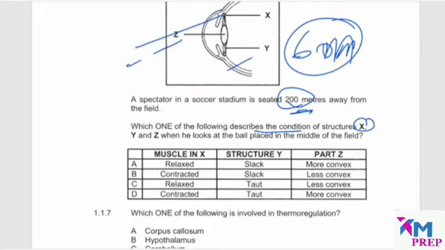Remember, when you are seeing an object which is far, the lens is supposed to be less convex. You understand? Meaning that the suspensor ligament is supposed to slacken, and the ciliary muscles must contract. Contract here, slacken here, and less convex. So we come back here.